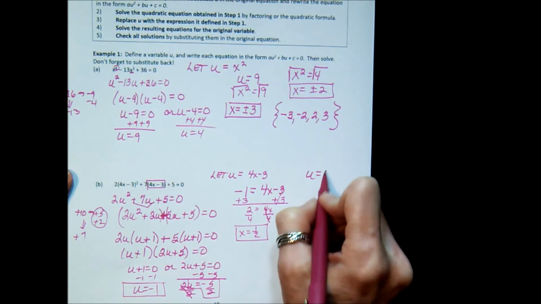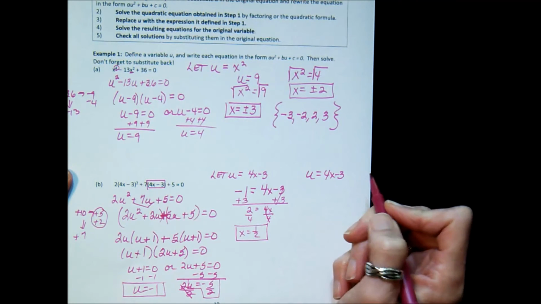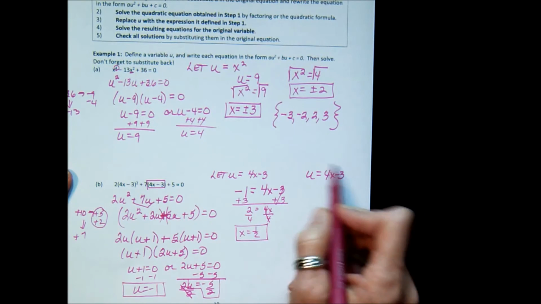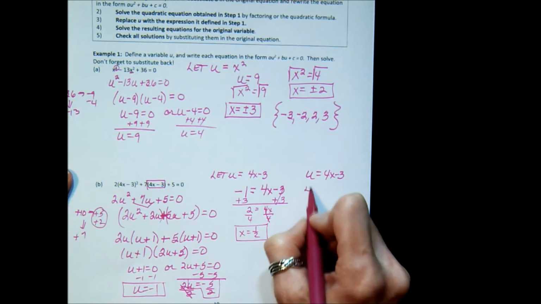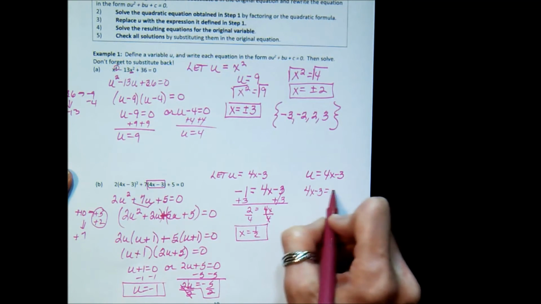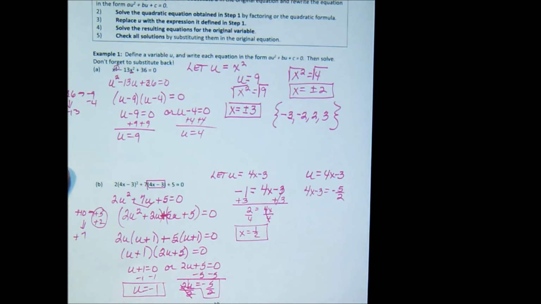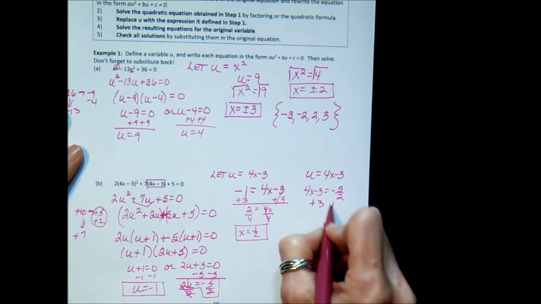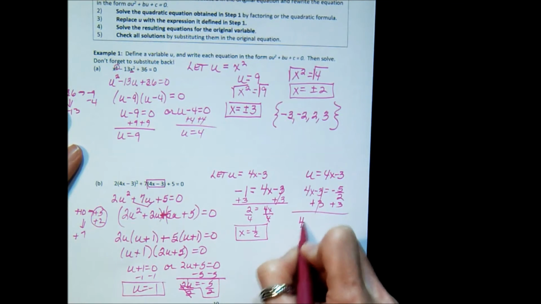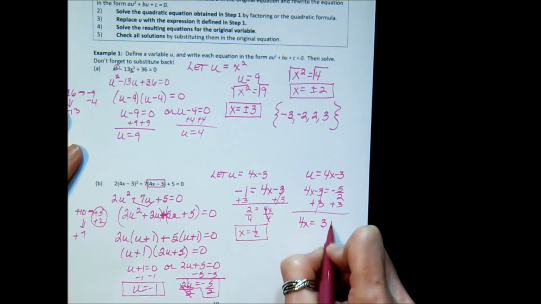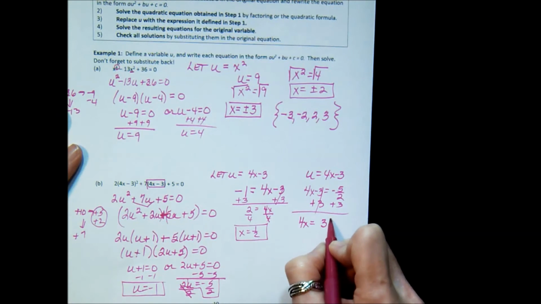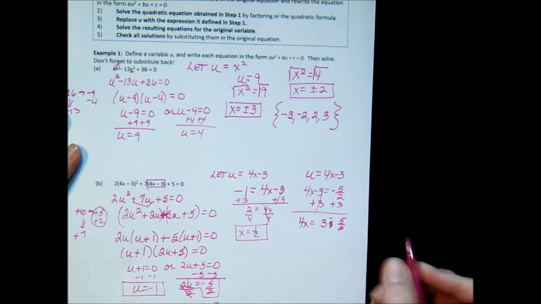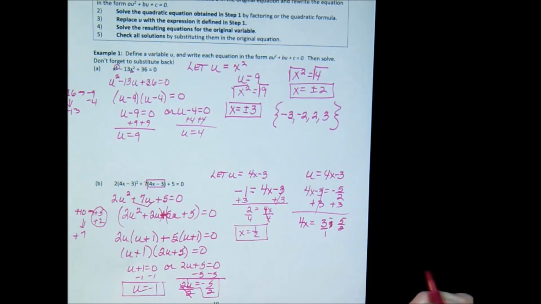U is equal to 4x minus 3, but u is negative 5 halves, and u is just a stand-in for 4x minus 3, so 4x minus 3 is equal to negative 5 halves. This one's a little bit harder to solve. We're going to add a 3 to both sides. 4x equals, whoops, that's a minus, sorry, 3 minus 5 halves. Now I need to find a common denominator to combine those.